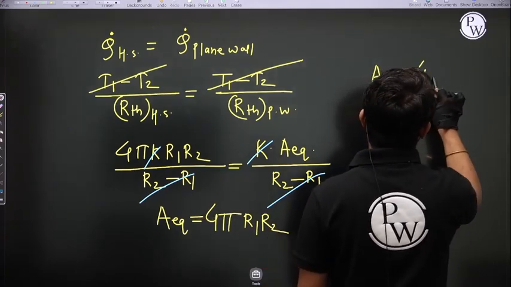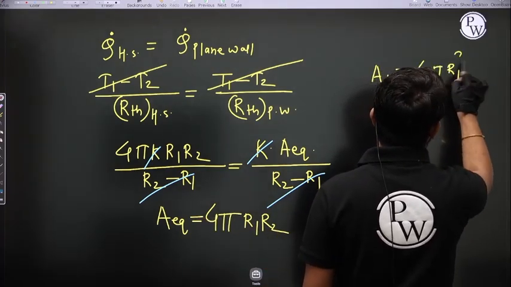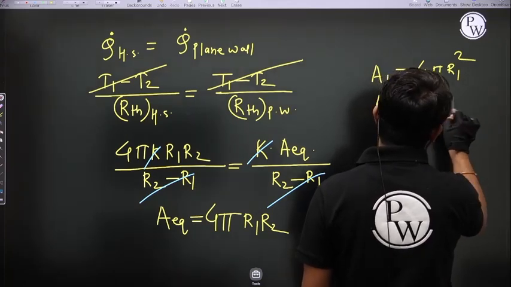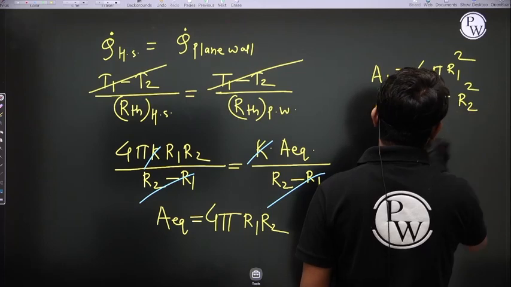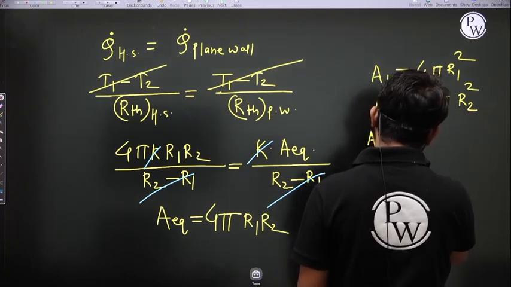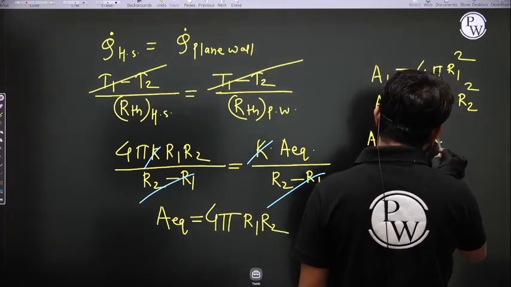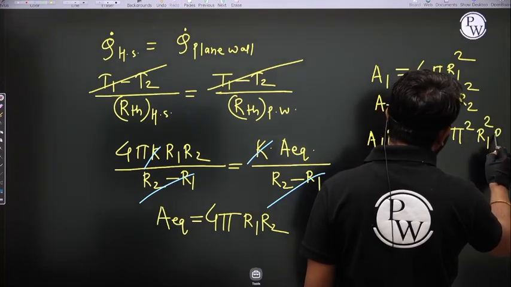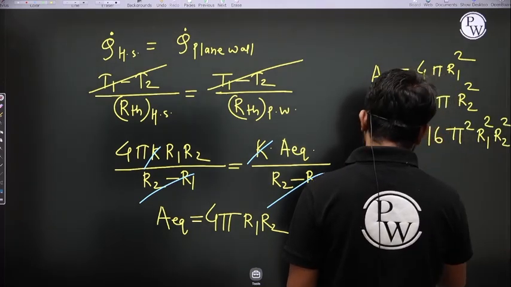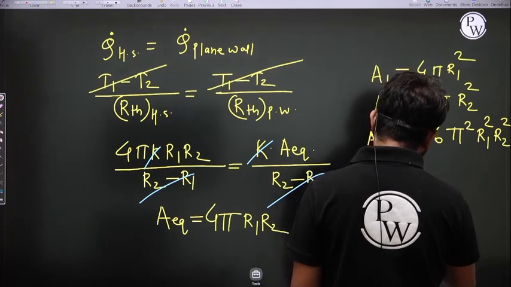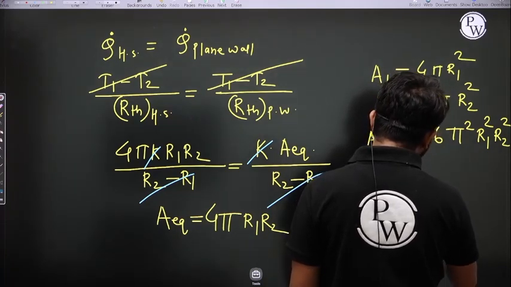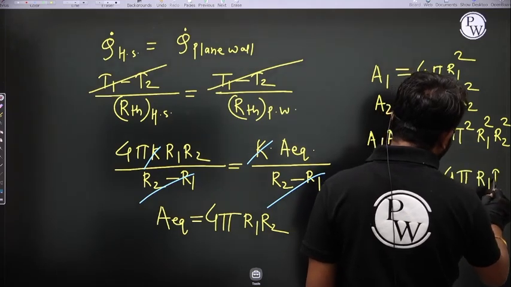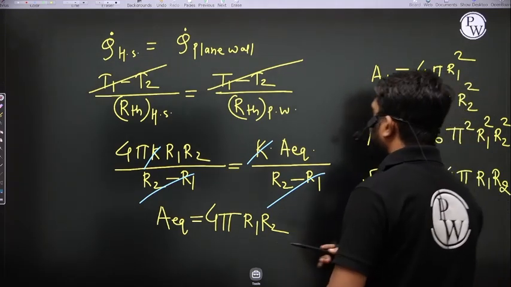You can write this mathematical expression in this way also. A1 is 4 pi R1 square, and A2 is 4 pi R2 square. So A1 A2 is 16 pi square R1 square R2 square. So root over A1 A2 is equal to 4 pi R1 R2.